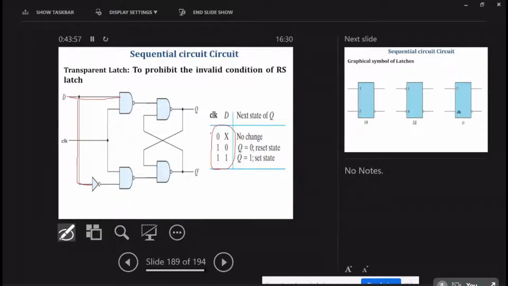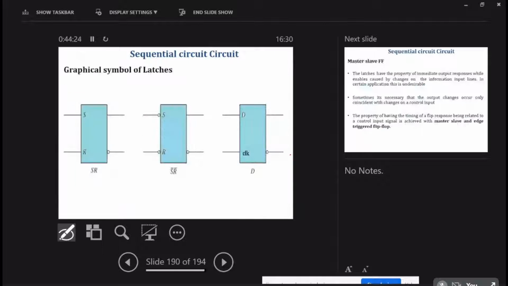When the clock is 0, whatever is the value of D, it will keep its previous value of Q. When the clock is enabled and D is equal to 0, Q is equal to 0, it will reset. When D is equal to 1, it will be set. So this is a simple D type latch.